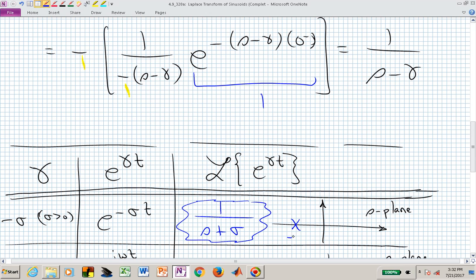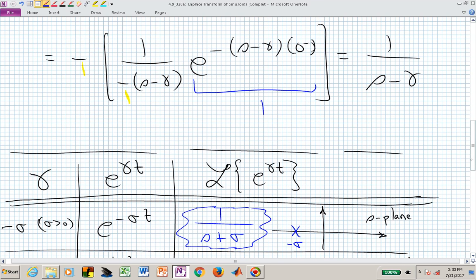So if we now evaluated this transformed expression, 1 over s plus sigma, at the location that causes that denominator to vanish, we now have 1 over 0, which is blowing up. That's now called a pole when we find values of s that cause the denominator to vanish, and we indicate those poles with x's in the complex s plane.